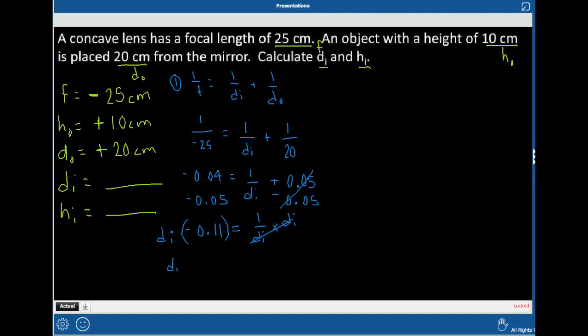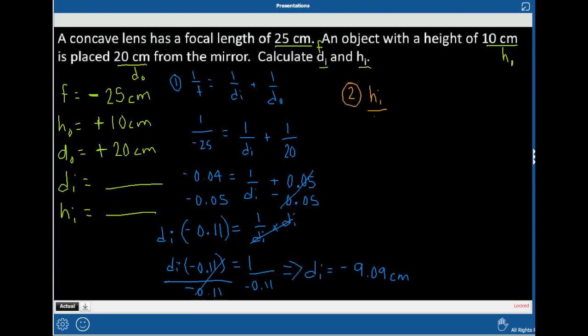Okay. So I'm going to have DI and divide by, and I'm going to get DI is equal to negative 9.09 centimeters. Okay, now that I have that, I can go ahead and try and get my image height.